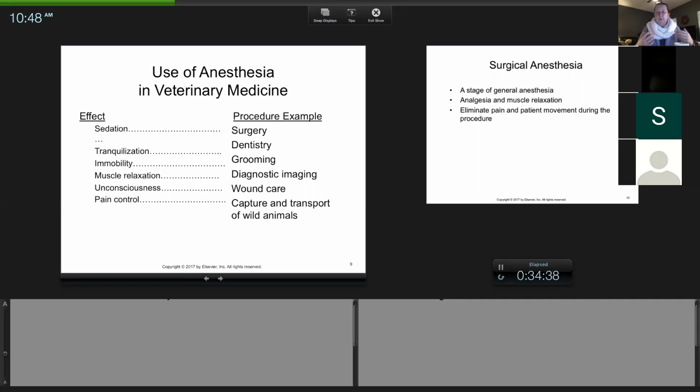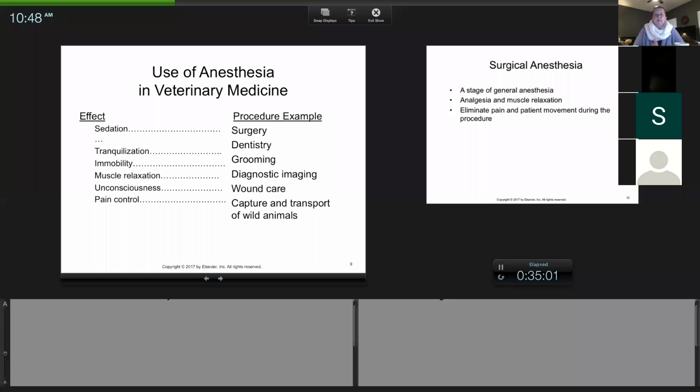Sometimes a dog just cuts itself on the fence, and we give a little local anesthetic, a little sedative, and we sew it up. So wound care is going to depend on, if it's hit by car and we've got major road rash, that's different than a dog that just cuts its paw on the sidewalk.